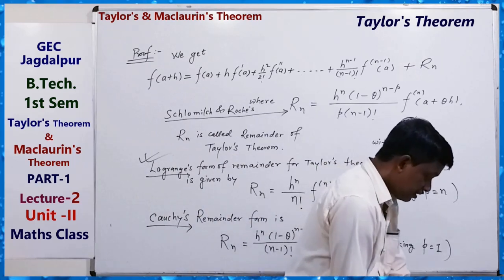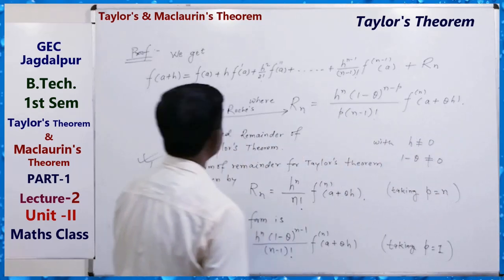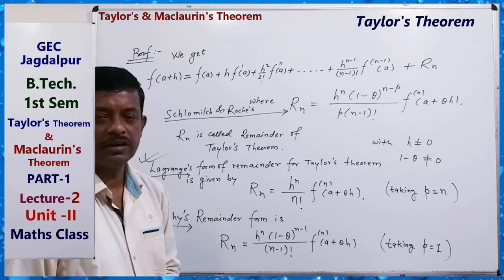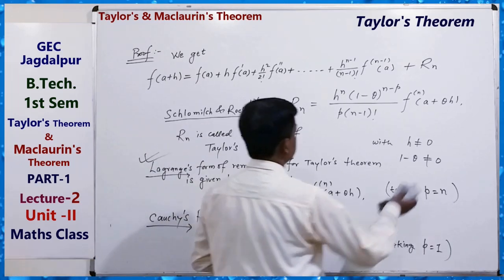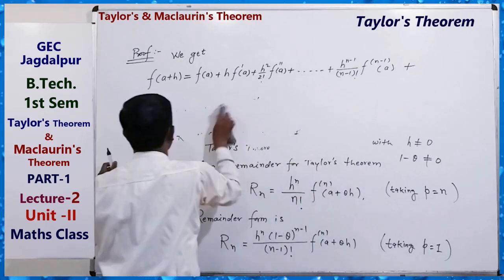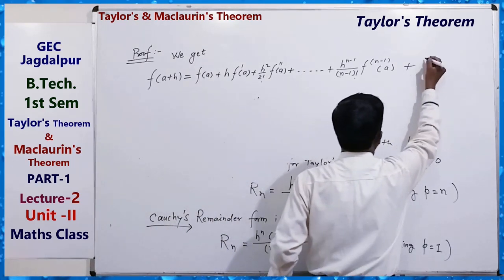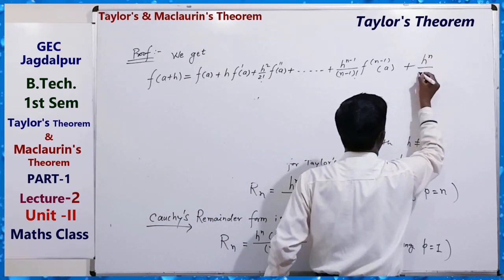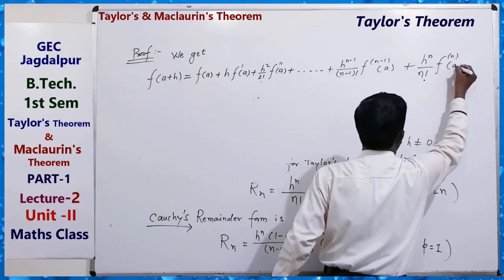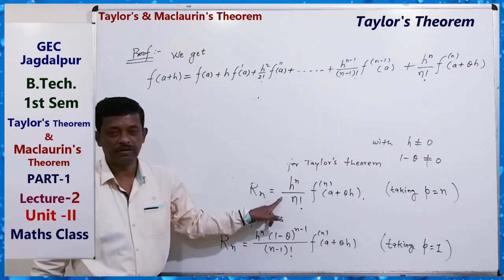Now there is another form. This is the writing of Taylor's theorem with Lagrange remainder. We can write h to the power n upon n factorial f^n(a plus theta h). This is the Lagrange remainder form.